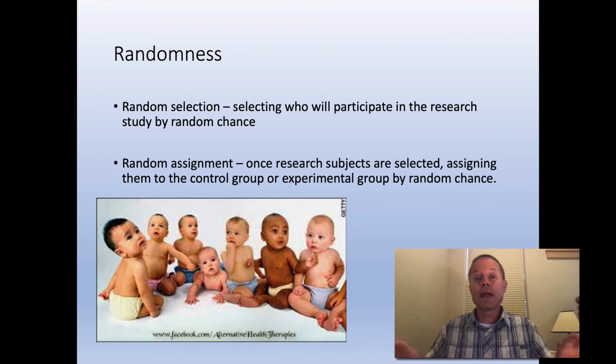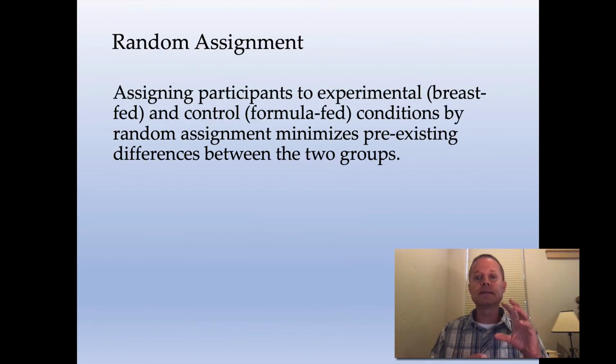Again, you have to do it randomly. You have to do it by chance. You do this because if there are any pre-existing differences between the experimental group and the control group, you want to make sure that those are neutralized by randomly assigning them.